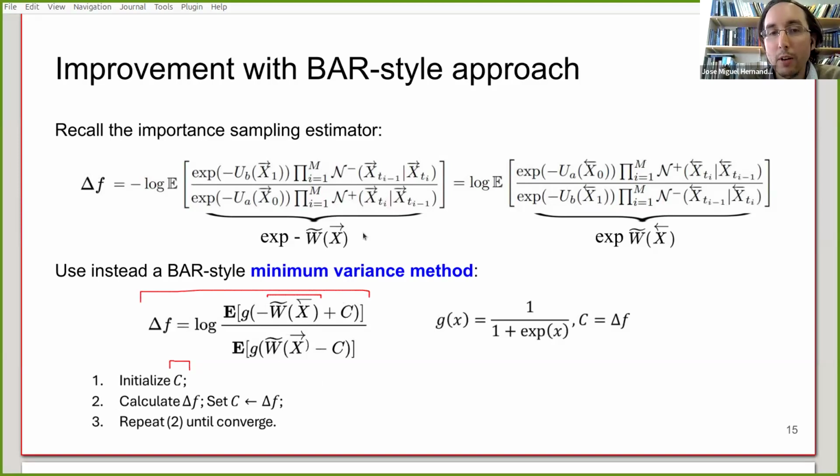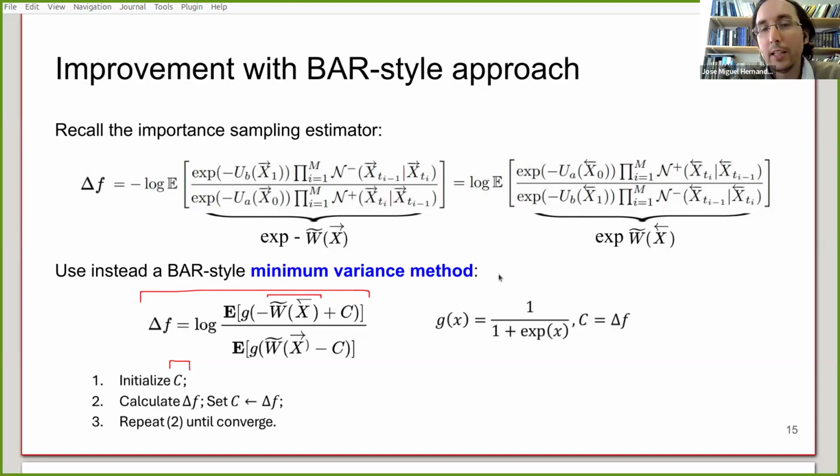And this is actually easy to calculate. And this is going to reduce variance quite a lot. So instead of doing just importance sampling using these density ratios from the forward and backward models directly, we can just run a BAR-style estimator that is going to have less variance.